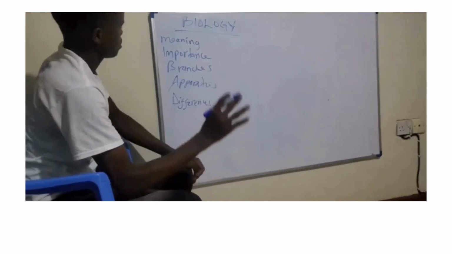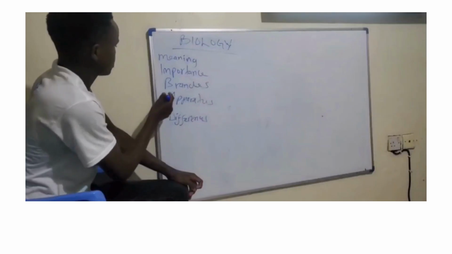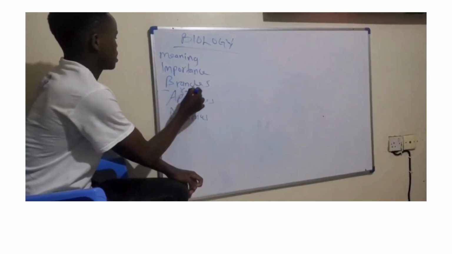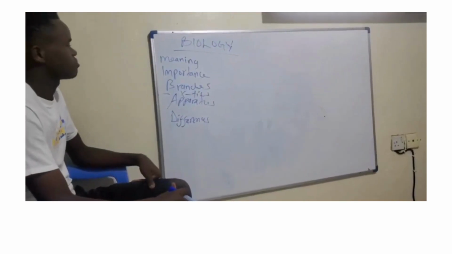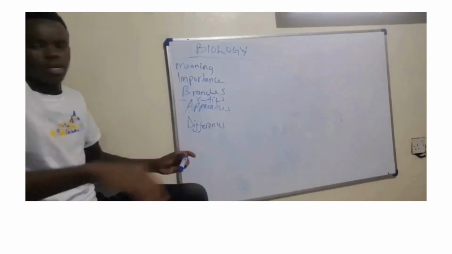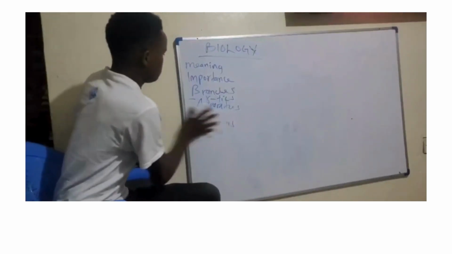Oh, and I forgot something. Just before we look at the apparatus, we are going to have a quick look at the characteristics of the living organisms. So I guess now we are good to start. Let's start with the meaning of biology.